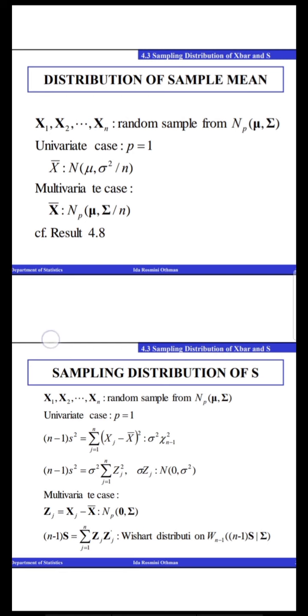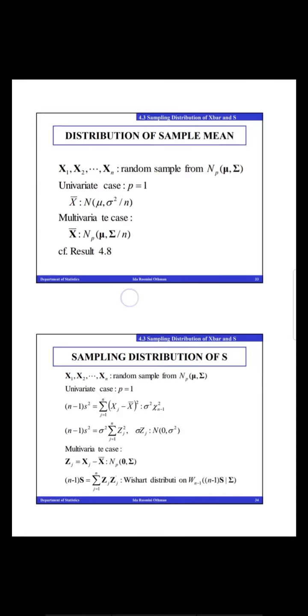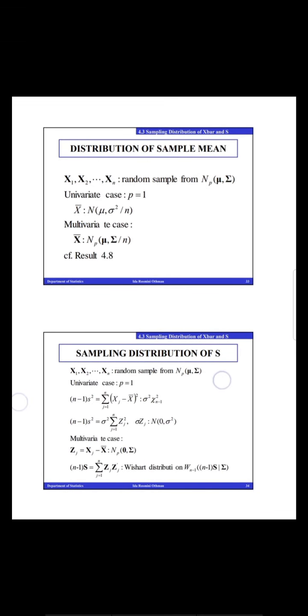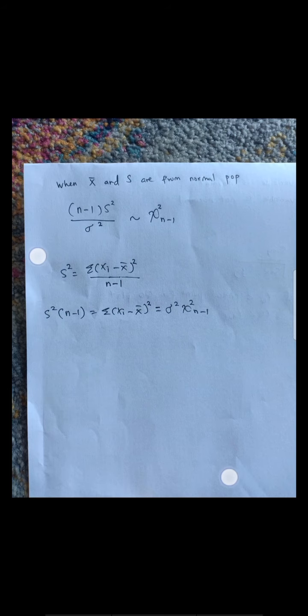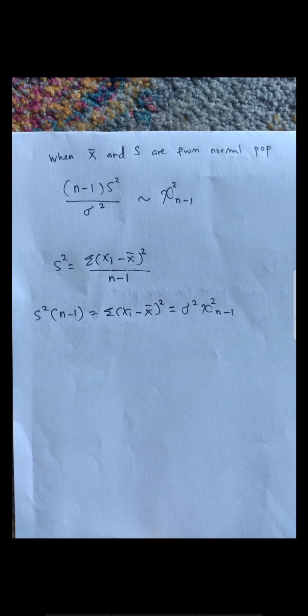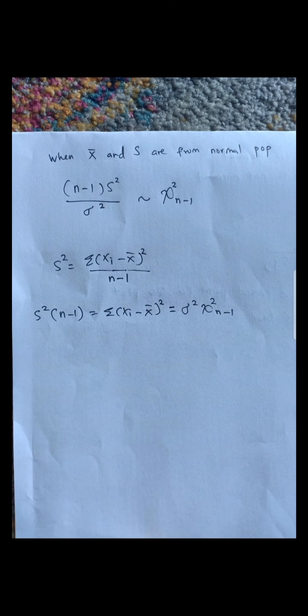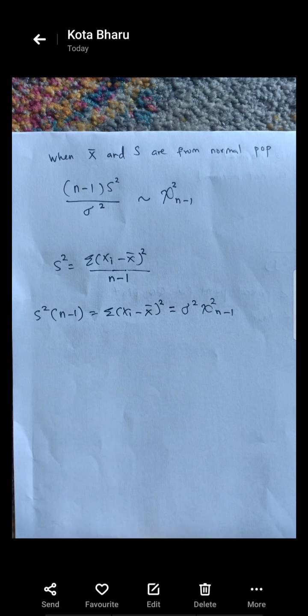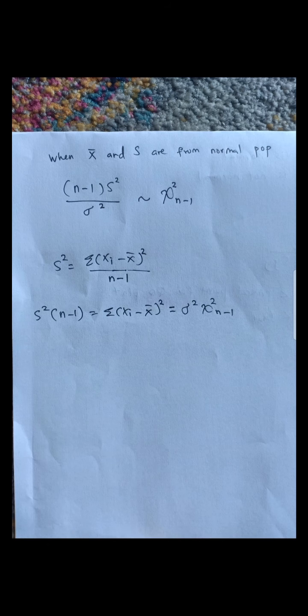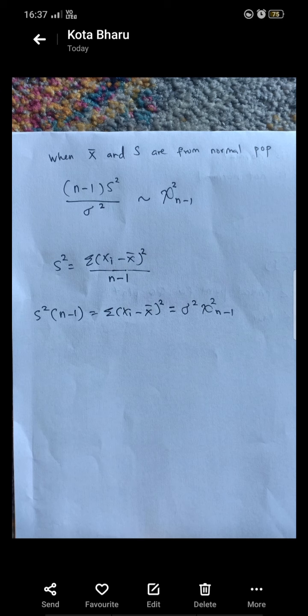We know that n minus 1 s square divided by sigma square is chi square with n minus 1 degrees of freedom. You learned this before in the inferential subject, so be familiar with this term. We also know the formula of s square is the summation of xi minus x bar square over n minus 1.